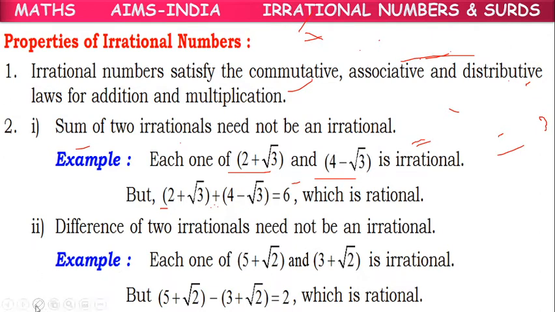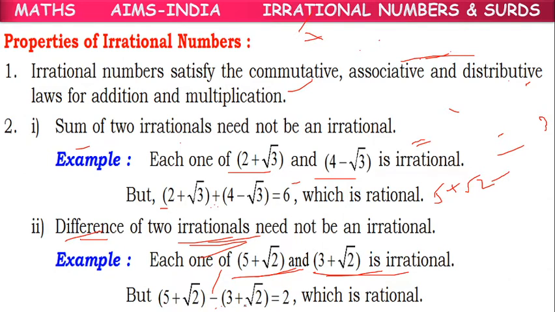In the same way, the difference of two irrationals: 5 plus root 2 and 3 plus root 2. If we take the difference and simplify, first we have 5 plus root 2, after that minus 3.